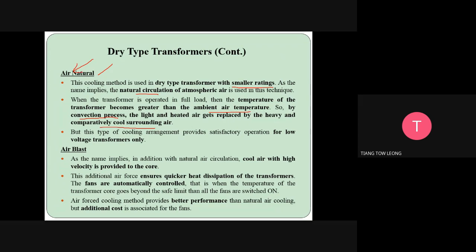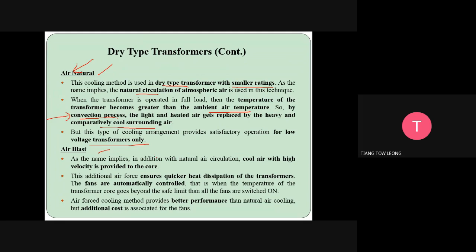So for air natural, to cool down the dry type transformer, we use convection. The heated air becomes very volatile, so it can flow randomly. It uses random movement, and it also becomes light, heated air, so it becomes lighter and moves around. But this type of cooling arrangement provides satisfactory operation for low voltage transformers, for example, our charger.